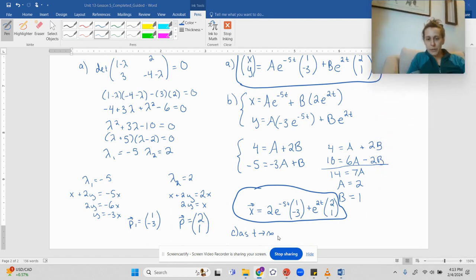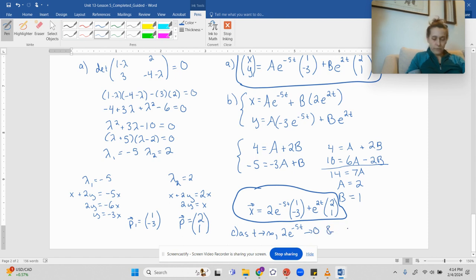As t goes to infinity, 2e to the negative 5t goes to what? Well, as t gets really, really large, then e to the negative 5t goes to 0. It goes to 0, right? Yeah, it goes to 0.